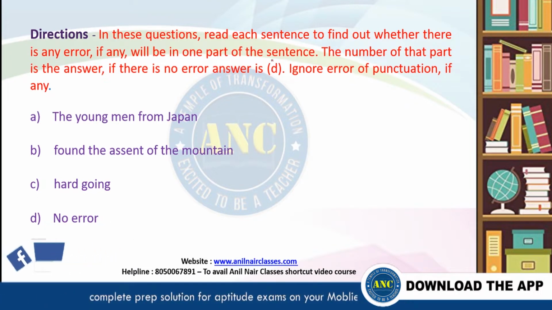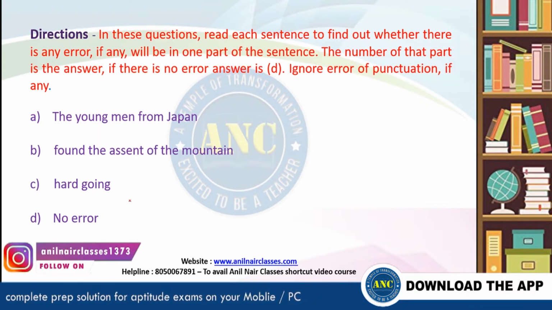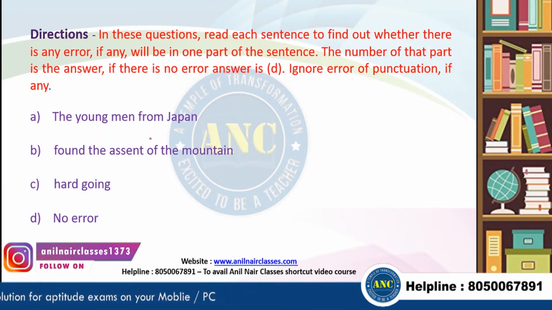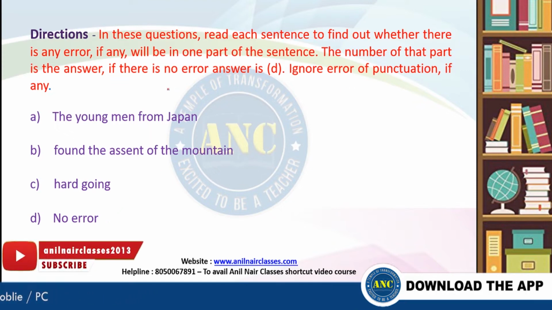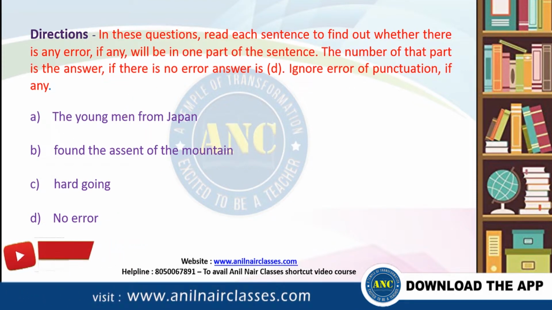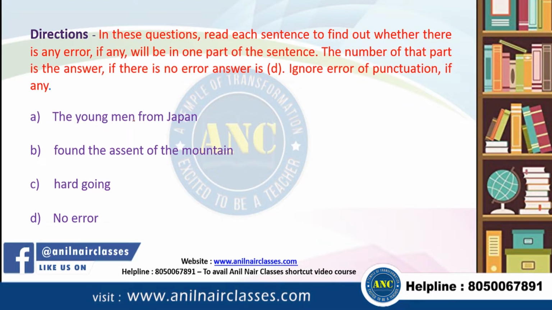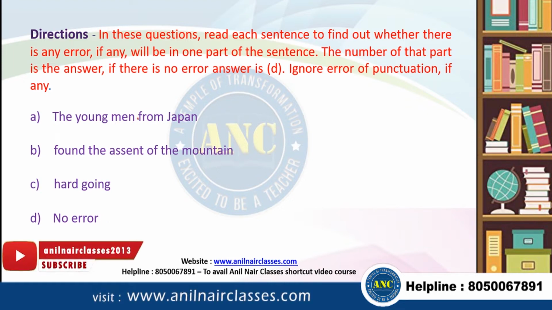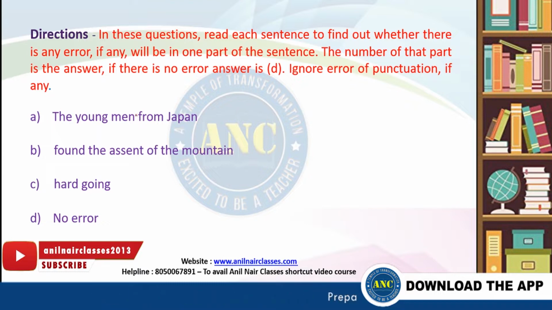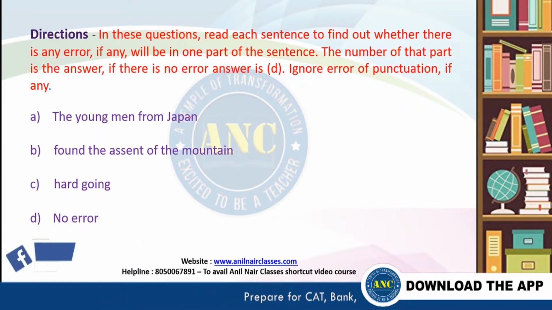If at all it is there, which means you can have no error also as the answer. So don't hesitate to select no error. The number of that part is the answer. Whichever answer choice has the error, that is your right answer. You have to spot the answer choice in which a grammatical error is present. If there is no error of any grammar, then you can select D as the answer, which says no error.